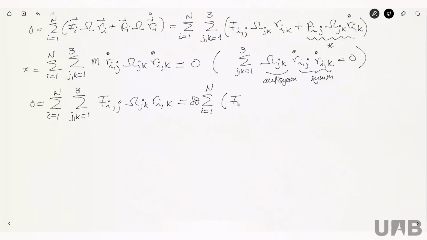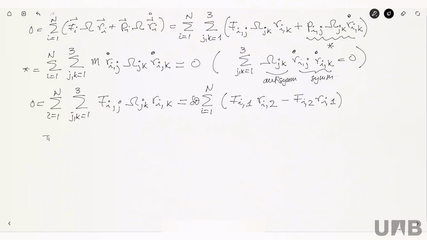And then I have fi first component, and then I have ri second component necessarily, because remember that it was anti-symmetric, so the elements in the diagonal were 0, minus fi second component, ri first component. So that's all there is. There is nothing else. All the other terms vanish because omega has a 0 entry in there.